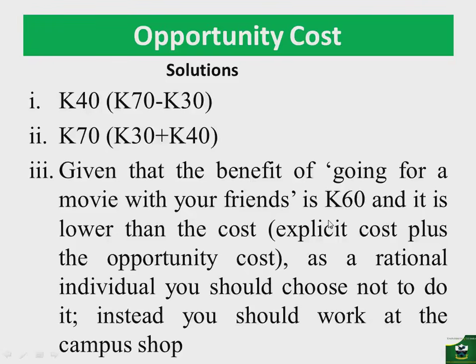You have the benefit of 60 for going for a movie, but the cost of 70. You have the value, which is 40, of working at the campus shop. So you will see that the negative 10, which you get if you go for the movie, is bad compared to the benefit of 40 that you have if you went to work. So the best choice then is to go and work at the campus shop.